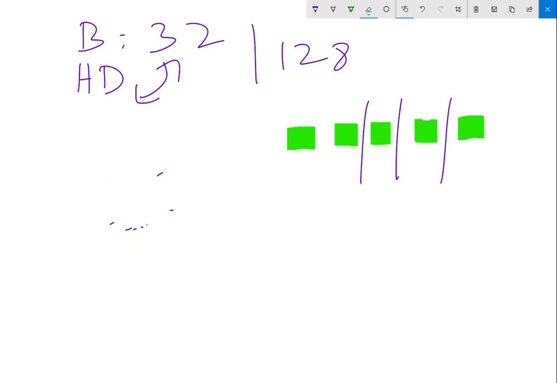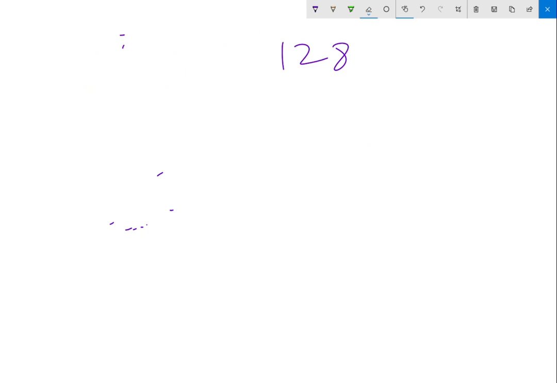We already discussed that we are going to have 128 bits. The size of your IP version 6 is 128 bits. Previously, you are clear with your IP version 4.